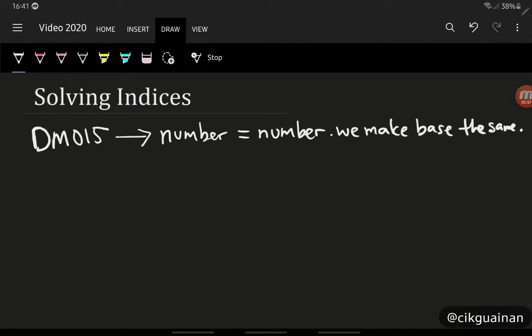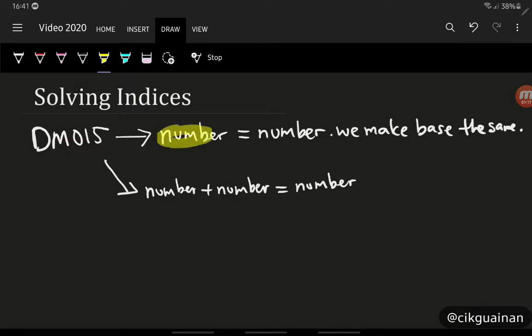The second one is of the form a number plus a number equal a number. In this case, the difference is that for the first type, we only have one number equal another number.